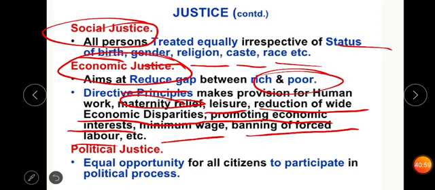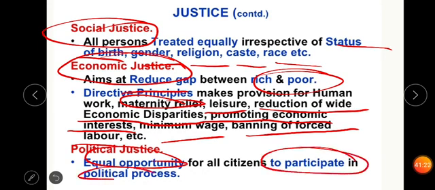These are the elements provided by economic justice. So for the welfare of the people of India, every such kind of justice is given in the preamble and the constitution. In political justice, equal opportunity for all citizens to participate in the political process is also there.